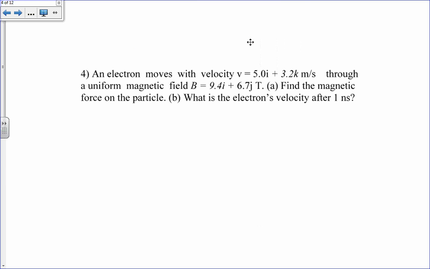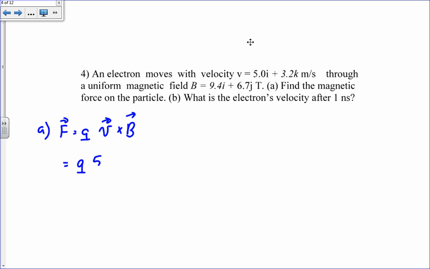Okay, an electron moves with this velocity through a uniform magnetic field. Find the magnetic force on the particle. My force is the cross product, q times V cross B, and so I just need to find the cross product of these. That's an electron, I'll just leave that as q for now.